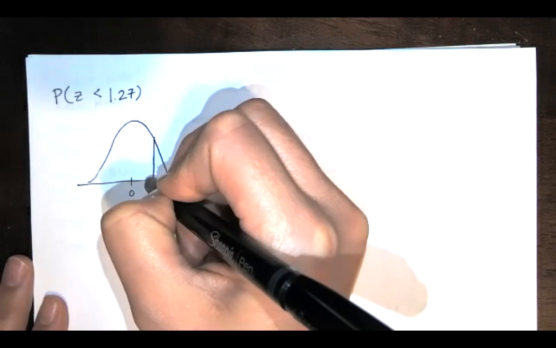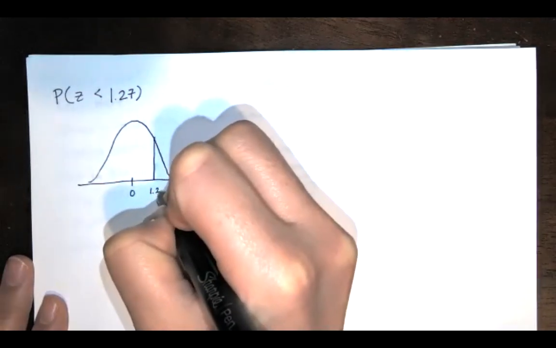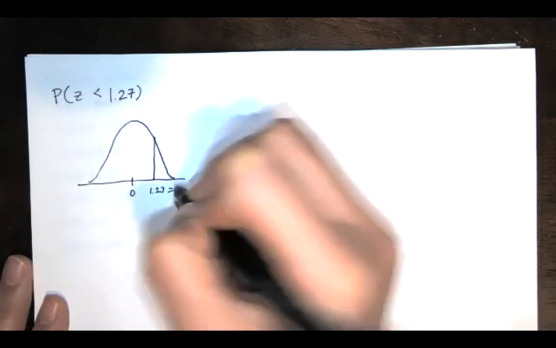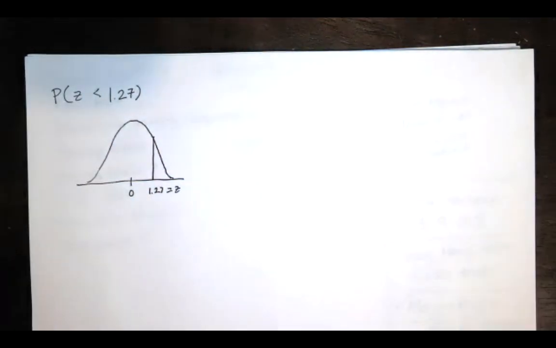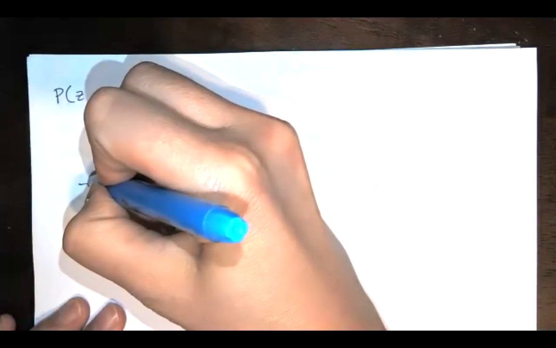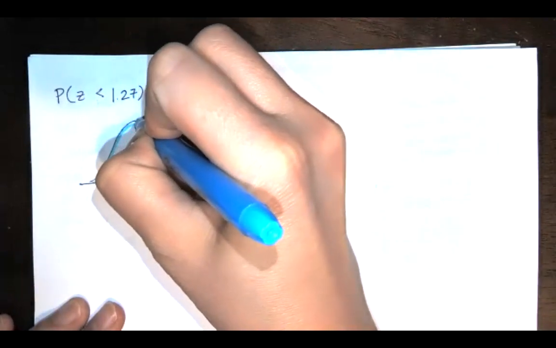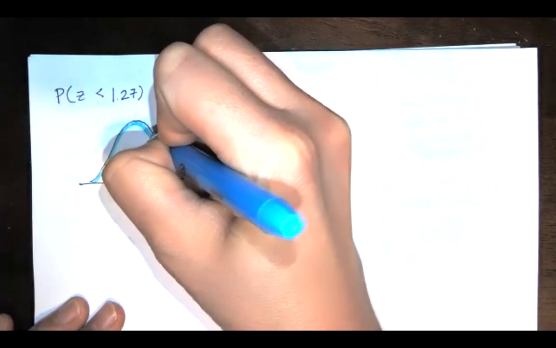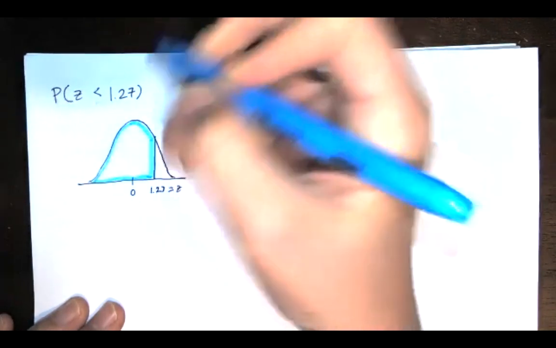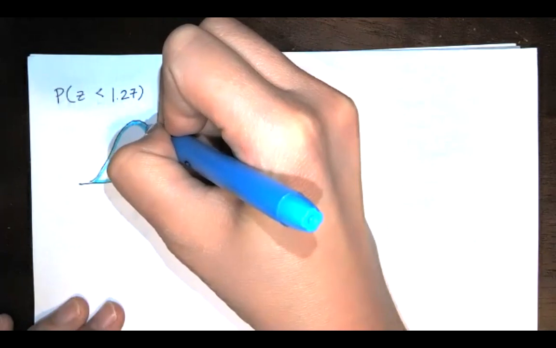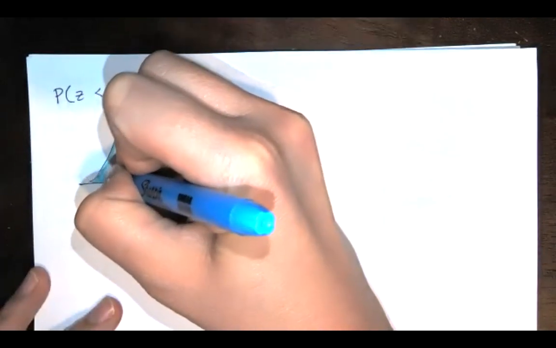That's 0 standard deviations, that's the mean. If you want to go 1.27 standard deviations above the mean, and we want that area to the left. So we want this area right here. Now there are a couple of ways you can find it. You can find it using Excel. You can also find it using that table A2, and I'll show you how to do that.